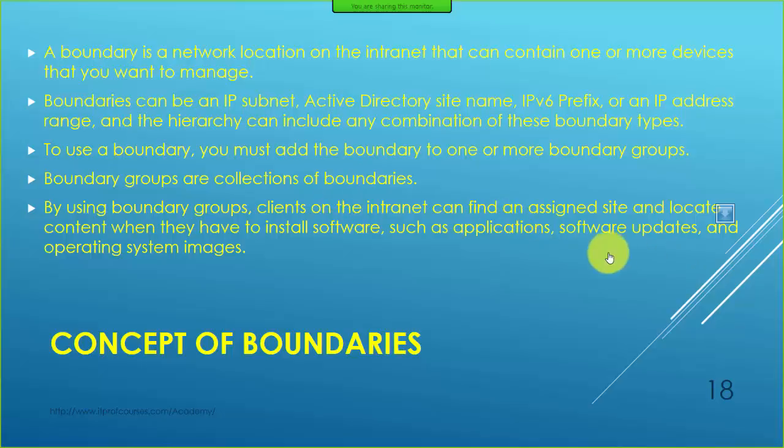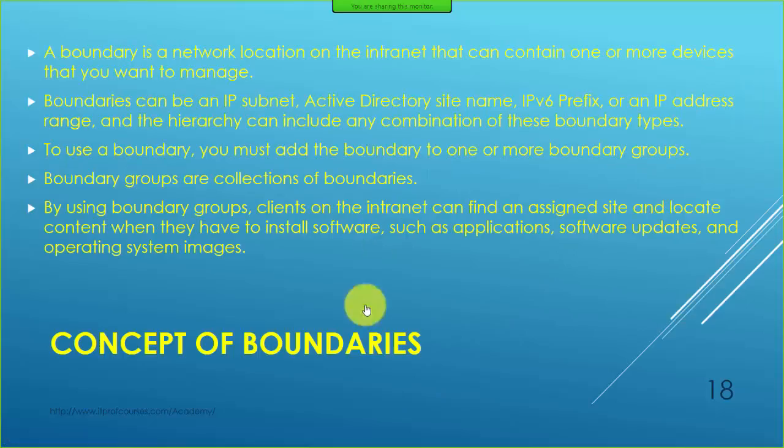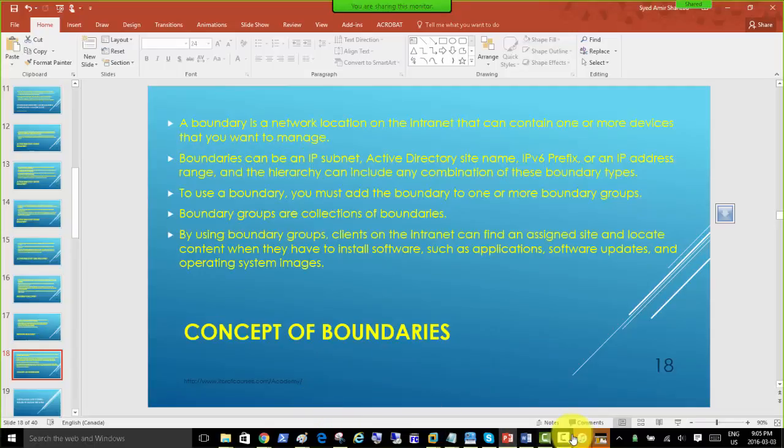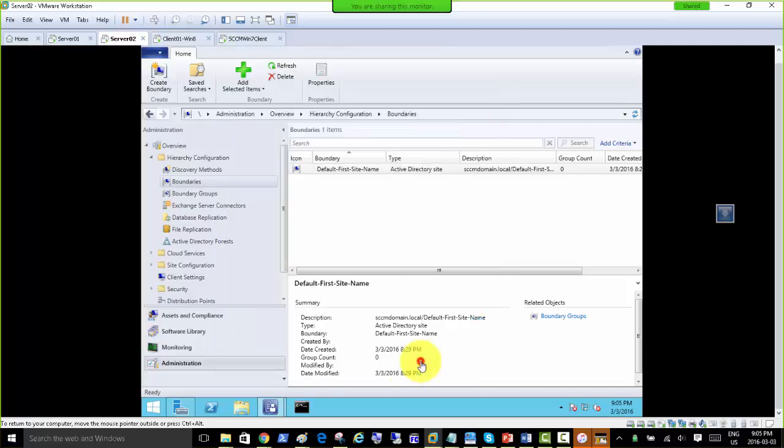So now I'm going to try to configure that. Yes, the boundaries is the next thing. If I go back to my SCCM here, boundary groups, I haven't created one. And if I cancel, this is where we were, boundaries and a single boundary here.